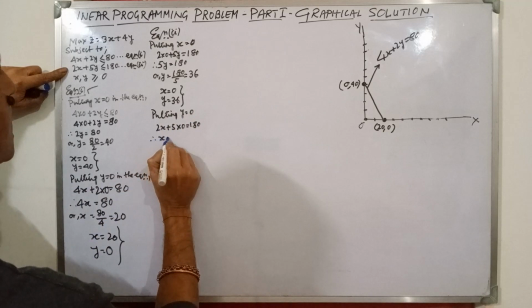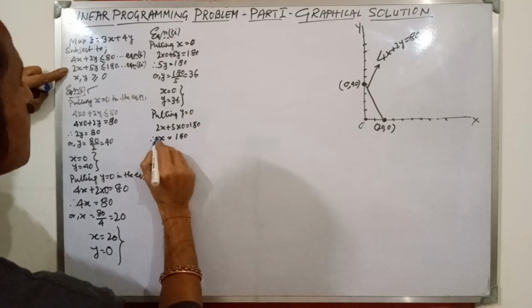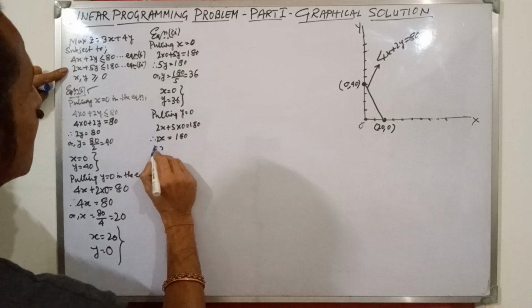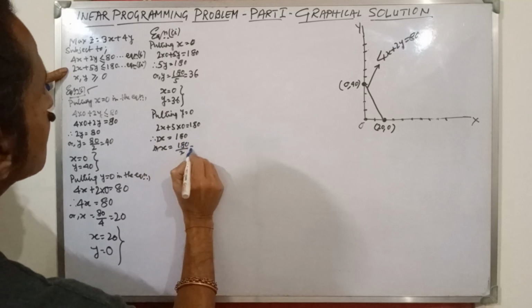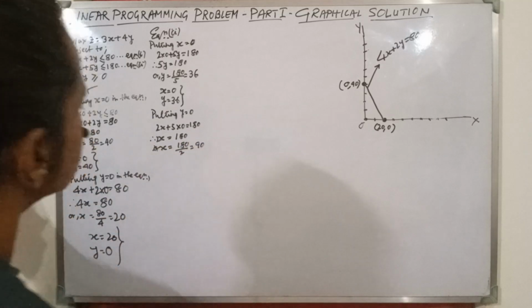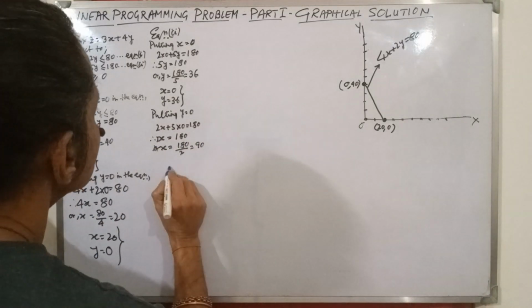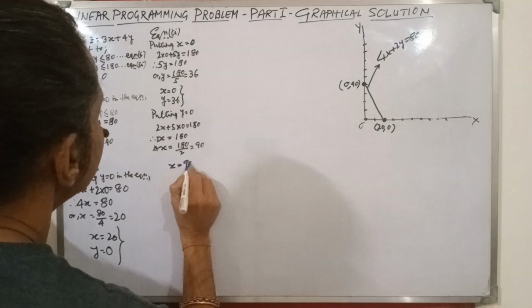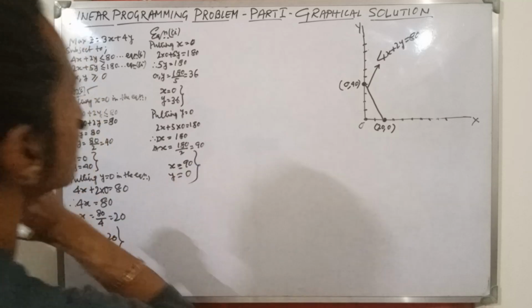Therefore 2x equals 180, or x equals 180 by 2 equals 90. So we get another set of values: x equals 90, y equals 0.